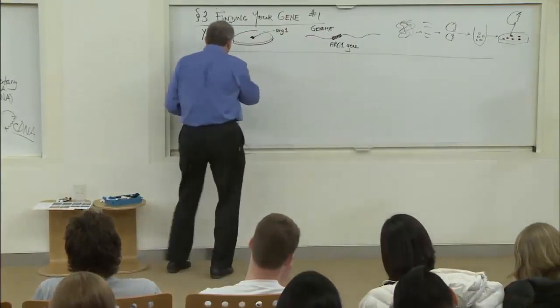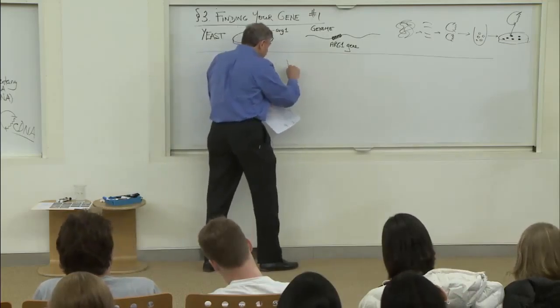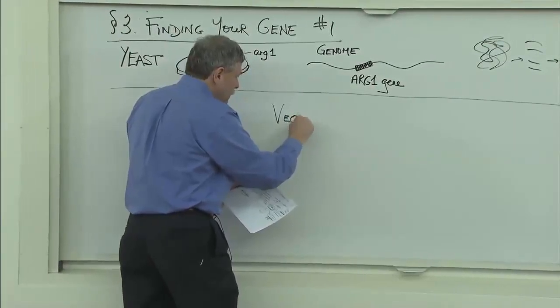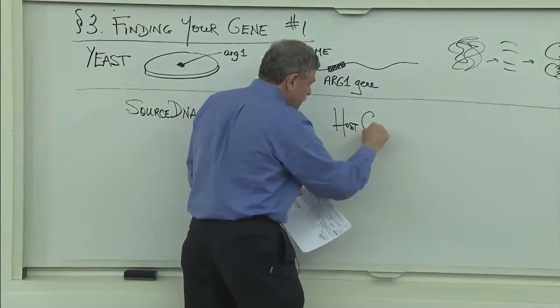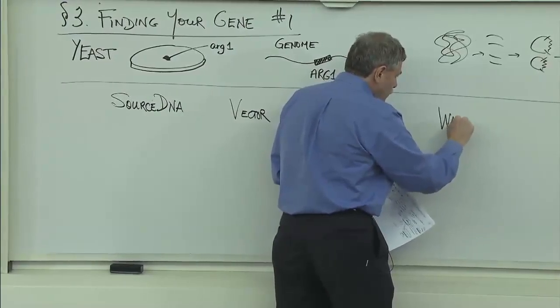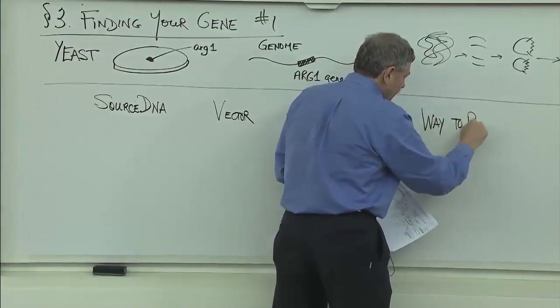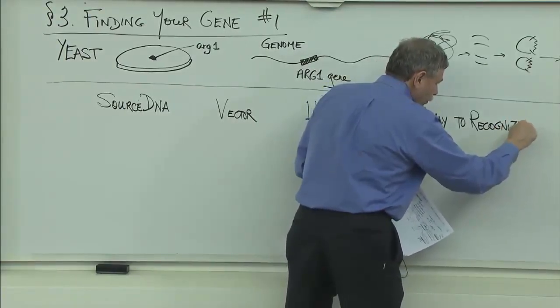What is the source DNA that we're going to use? What is the vector we're going to use? What is the host cell that we are going to use? And what is our way to recognize the right clone?